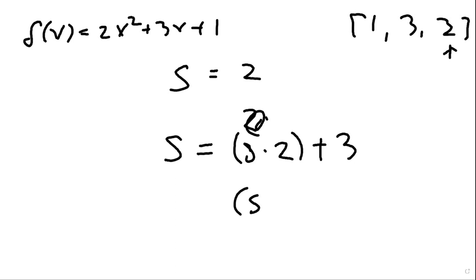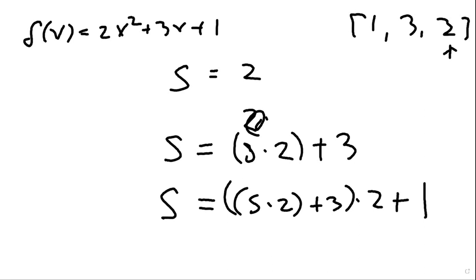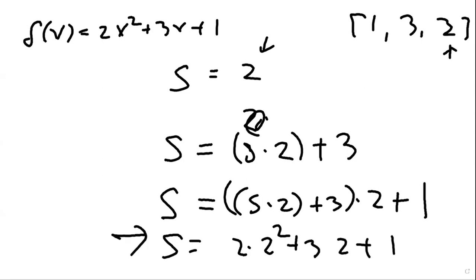The next one, you have sum times 2, and then plus 1. You get another sum. The first sum is 2, so you get 2 times 2 squared plus 3 times 2 plus 1. So it is a backward traversal. Is that okay?